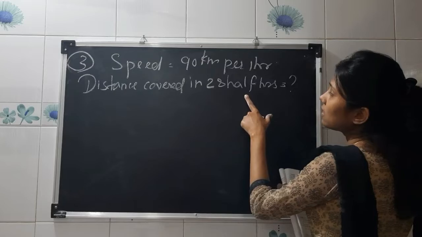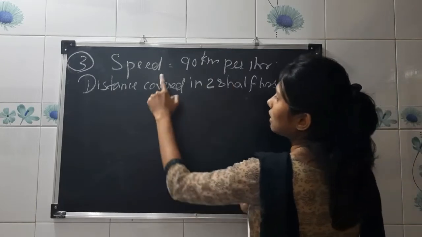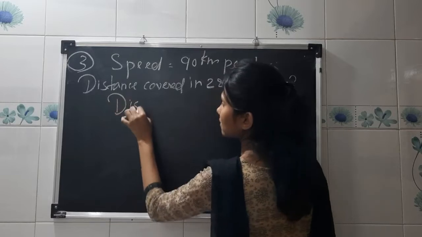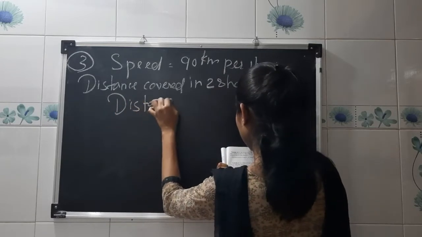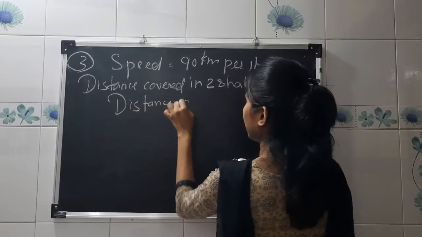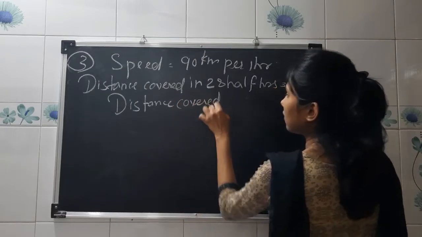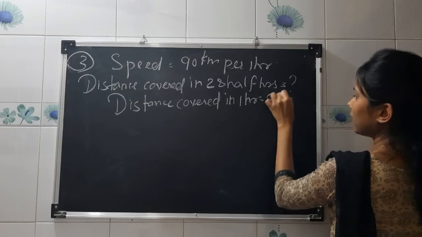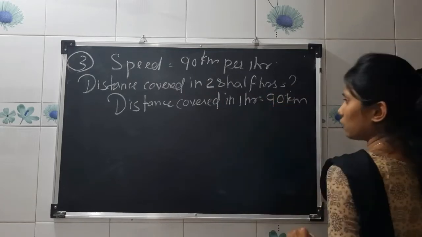covered in half hour. Now suppose we know that the distance covered in 1 hour is 90 kilometers. They have given you.